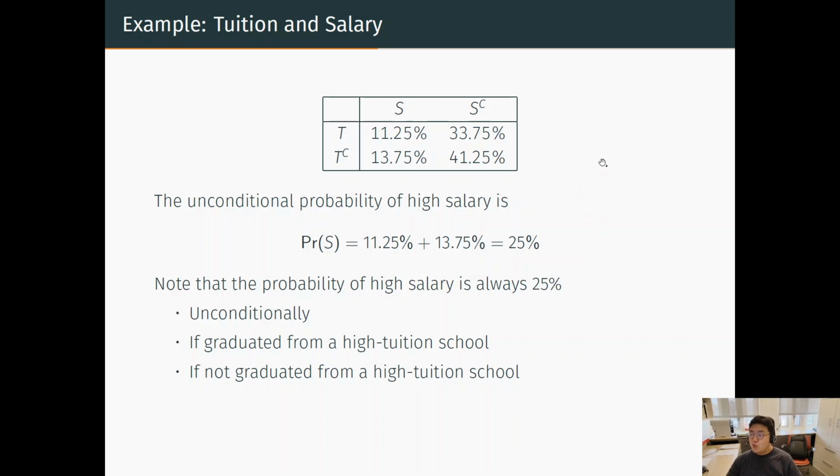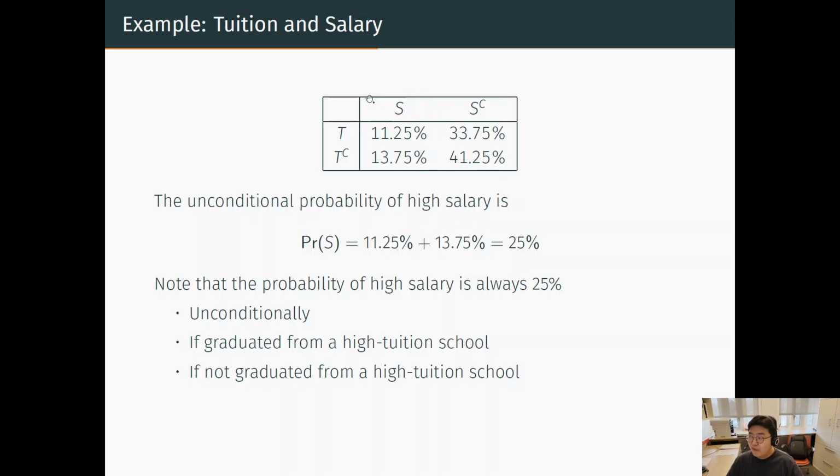Now it is interesting to see another probability, the unconditional probability. Out of all four types, what is the probability of high salary regardless of your tuition level? The event high salary includes these two outcomes.